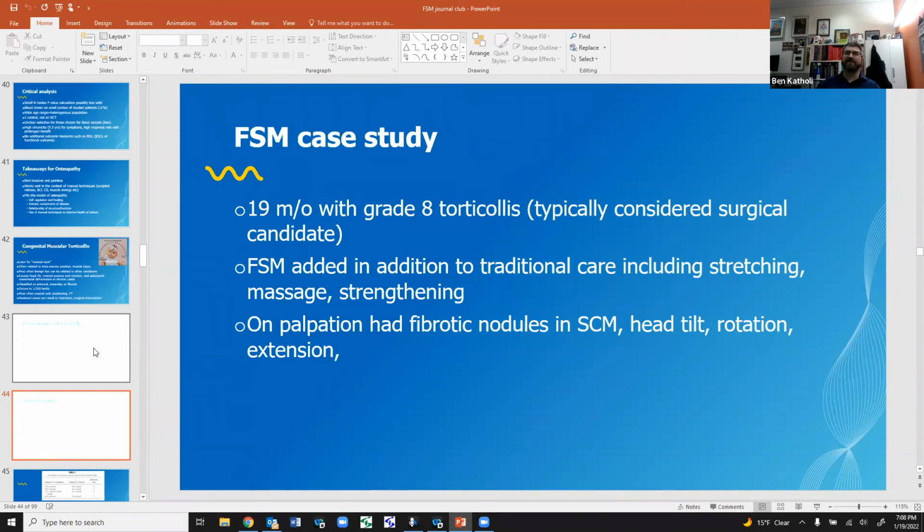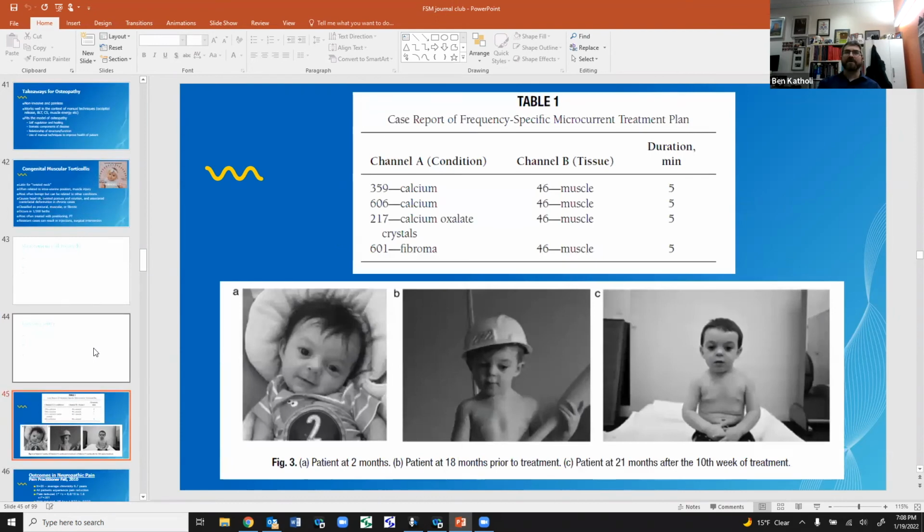And so she put together these other frequencies that have been identified in responsiveness to calcium deposition, and proposed that she was going to soften the tissue and include that in her treatment plan. So we talked about the kind of channel A and channel B condition tissue.